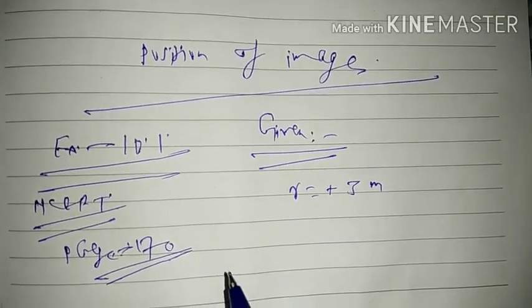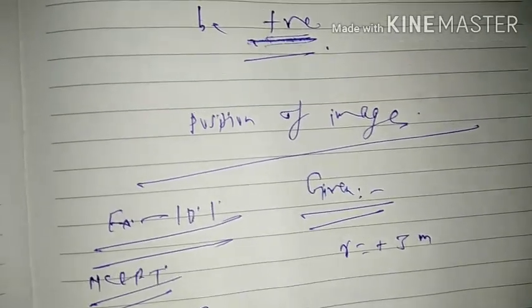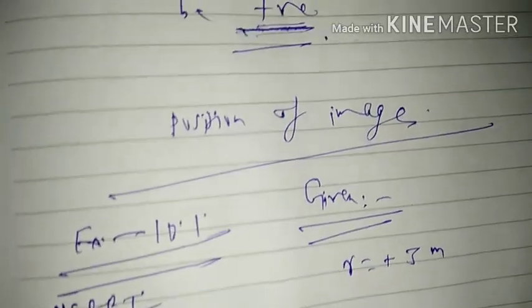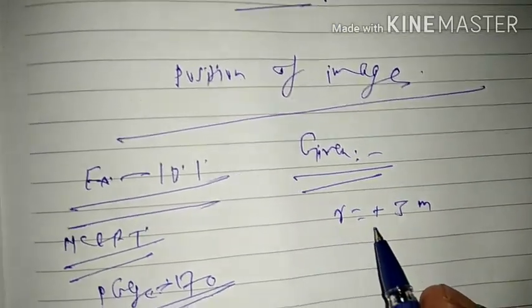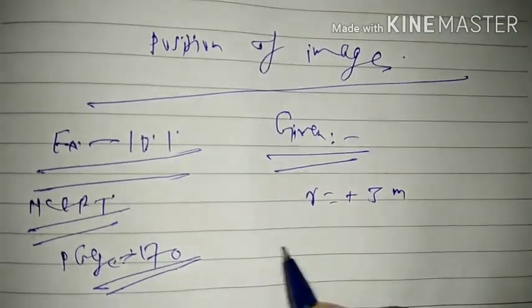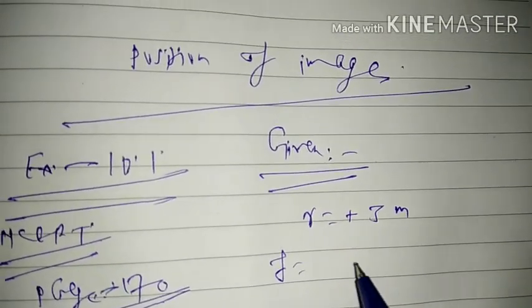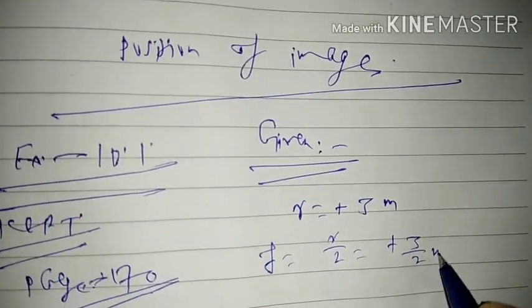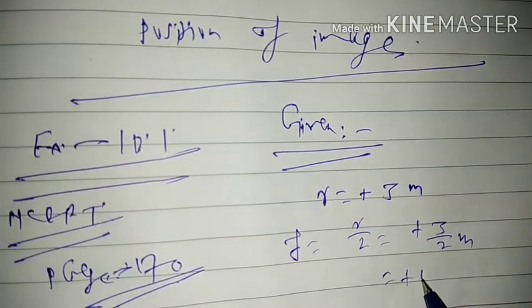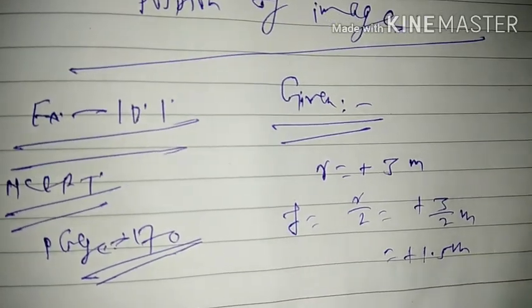So if we have problems related to convex mirror, then focal length and radius of curvature will always be positive. So as R is plus 3 meter, what will be the focal length? f is equal to R by 2, which is equal to plus 3 by 2 meter, which is equal to plus 1.5 meter. Now see other things.